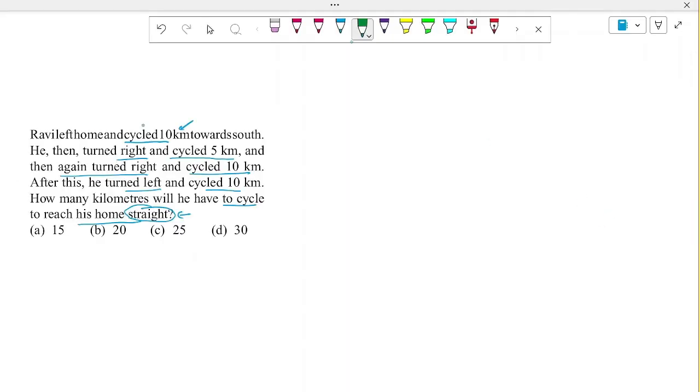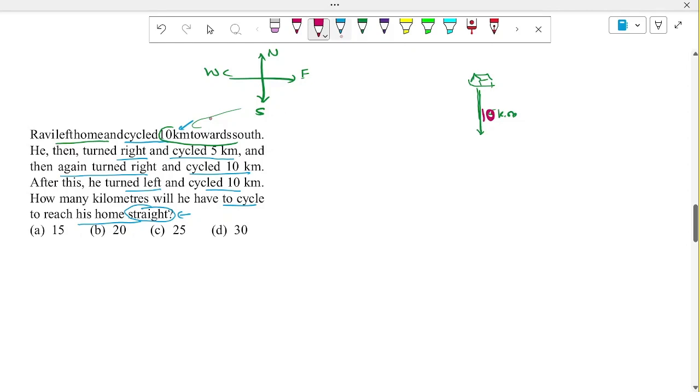Okay, we'll try to solve. Just observe here. Ravi left his home and cycled 10 kilometers towards south. North, east, west, south. This is his home. From his home, he has traveled 10 kilometers towards south.